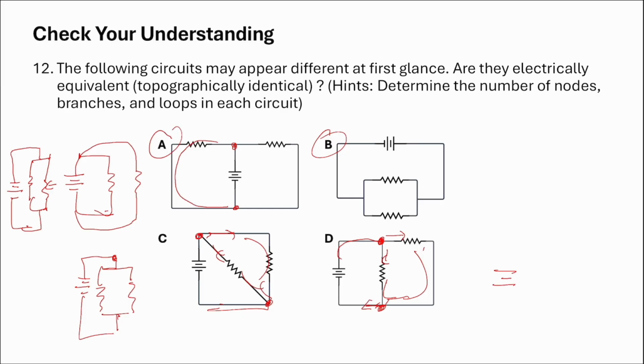So this is also the same as this one. It doesn't matter how we draw it, as long as the circuits have the same number of nodes, same branches, and same loops, they actually are the same.